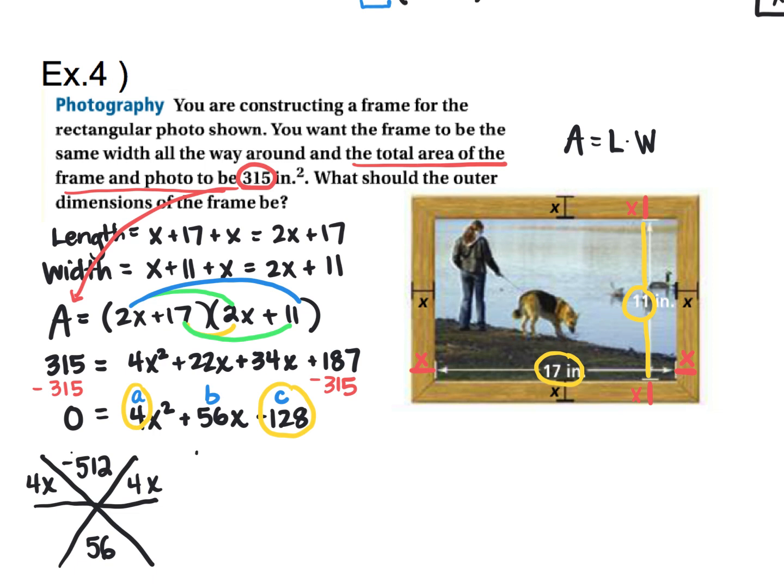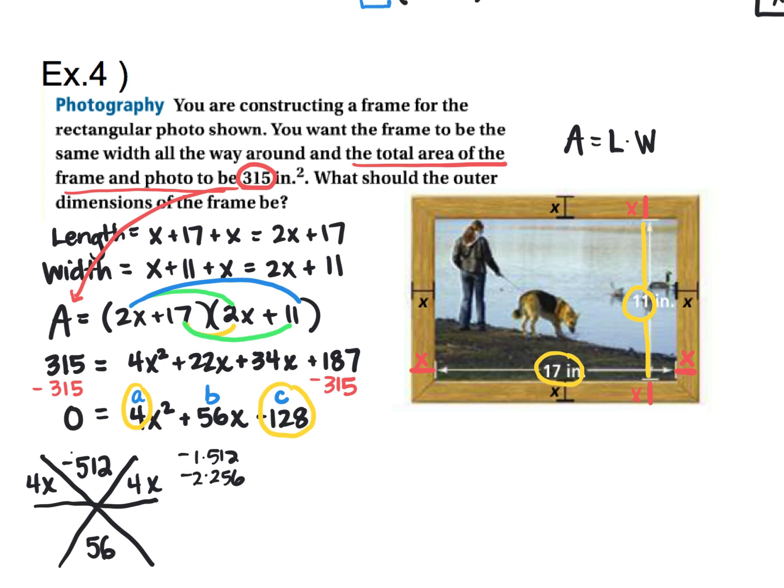Is it going to be 1 and 512? Well, that's not going to make 56. Is it going to be 2? Then you've got to figure out what would go in with that. Is it going to be negative 2 and 256? Nope, that doesn't make 56 either.